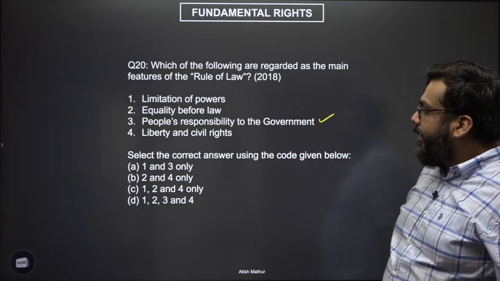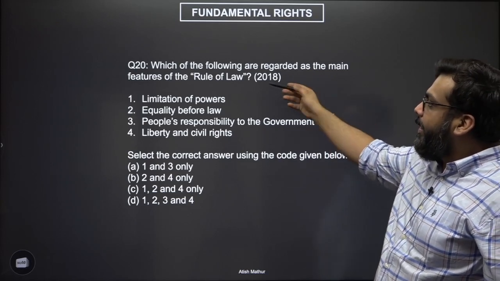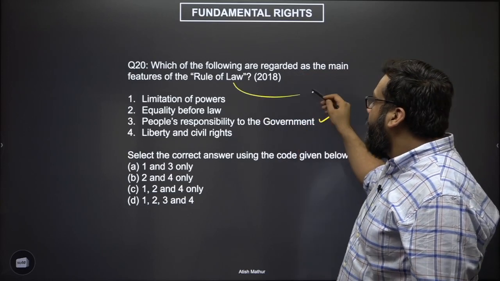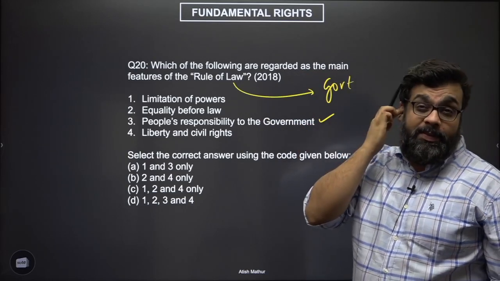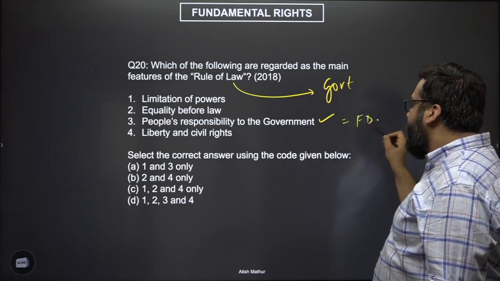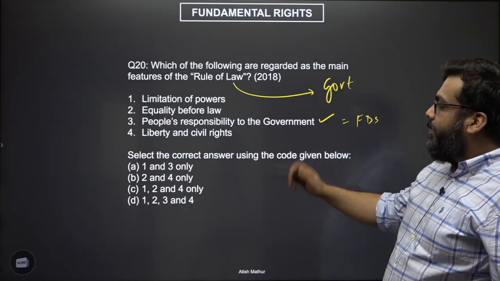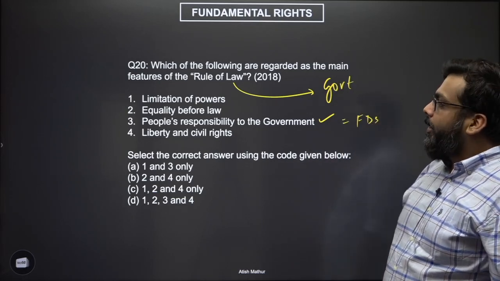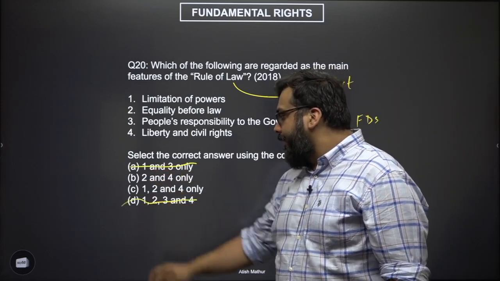People's responsibility to government. People's responsibility to government has nothing to do with a law which is supposed to govern government, and people's responsibility to government sounds like a little bit of fundamental duties, and fundamental duties are not enforceable in the first place. So let's eliminate wherever we find option number 3. So A is eliminated and D is eliminated.